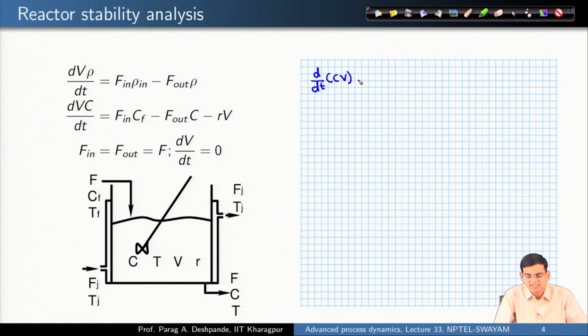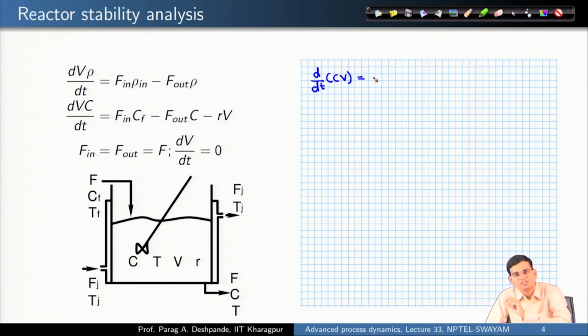So, therefore, I can simply write here, I can take V out, but at this stage I am writing this as d by dt of C multiplied by V. Now, some of the A would be coming in, inside the reactor there would be reaction, and the unreacted A would flow out.